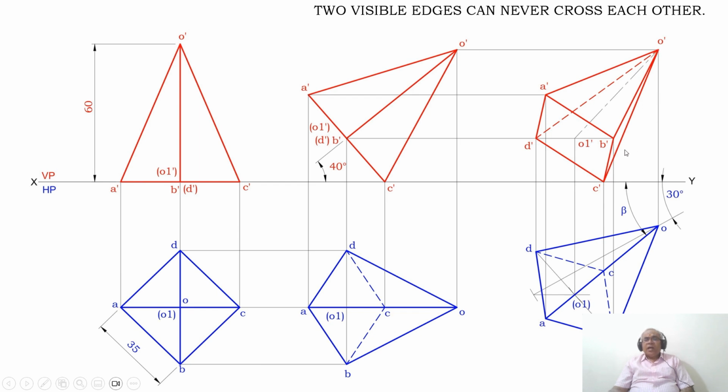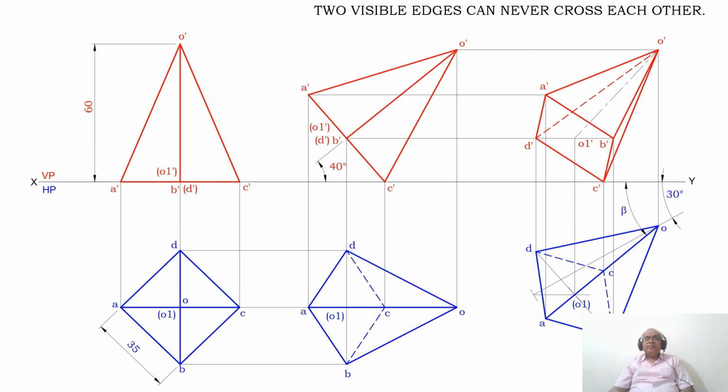As we see, A dash, B dash, C dash, D dash, the entire base surface is visible. Since O1 dash is on that surface, therefore O1 dash becomes visible. Then join O dash and O1 dash with a big dash and small dash line, which is represented as the axis.